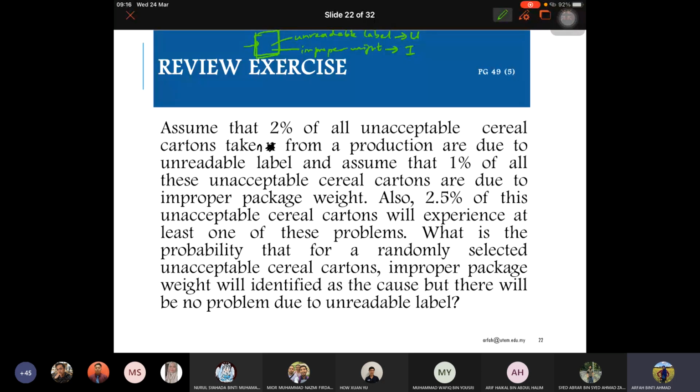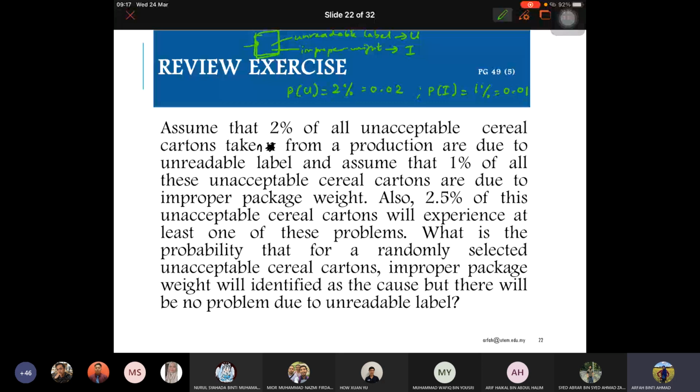So dekat soalan dia bagi 2% production due to unreadable label. That means kebarangkalian bagi U sama dengan 2% atau 0.02. Okay. And then dia kata 1% adalah kerana berat yang tak sama. Improper package weight. So probability of I akan sama dengan 1% atau 0.01. Okay. So also 2.5% of these unacceptable will experience at least one of these problems.